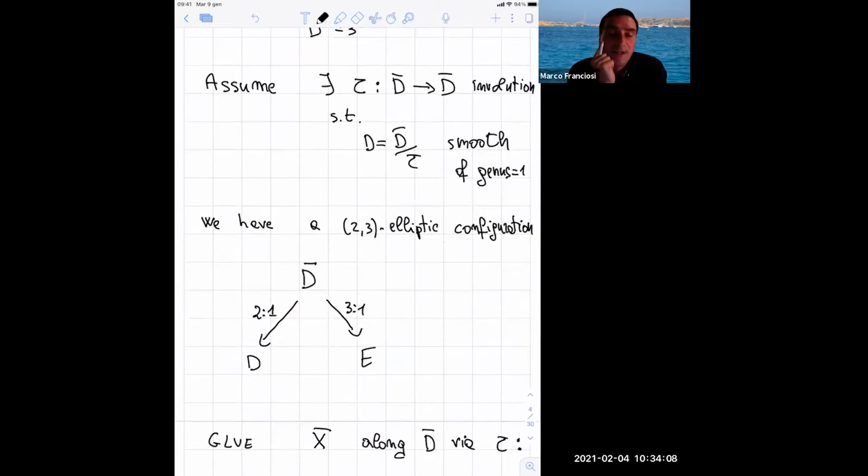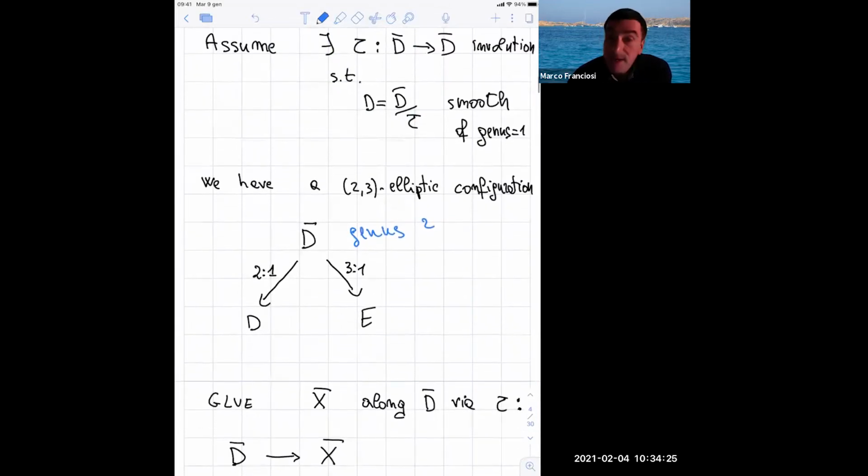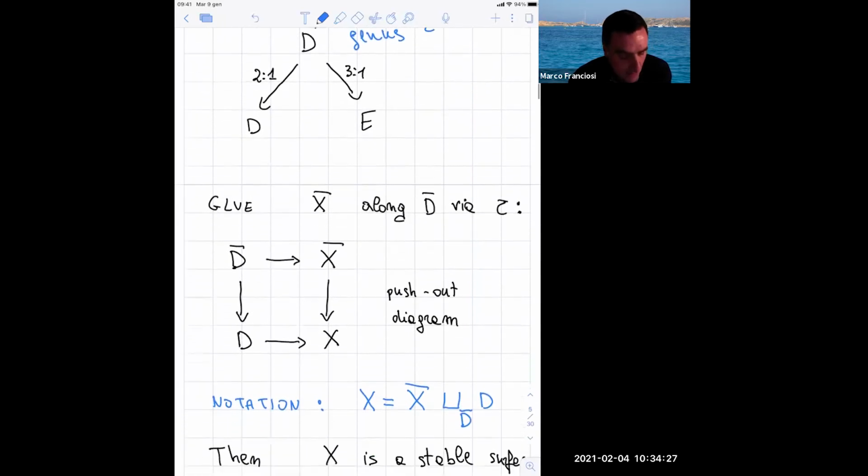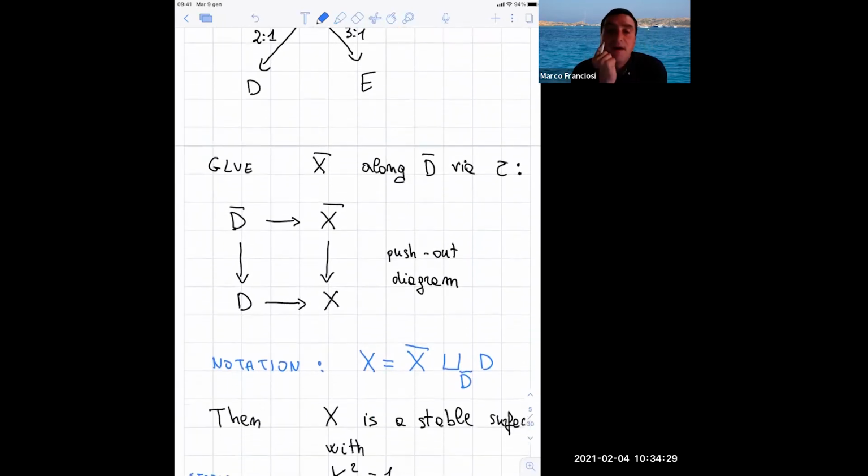We have our D bar, which is of genus 2, and we have a map 2 to 1 onto D and a map 3 to 1 onto E. And we build X gluing X bar along D bar via our involution tau. That means that we have such a push out diagram.